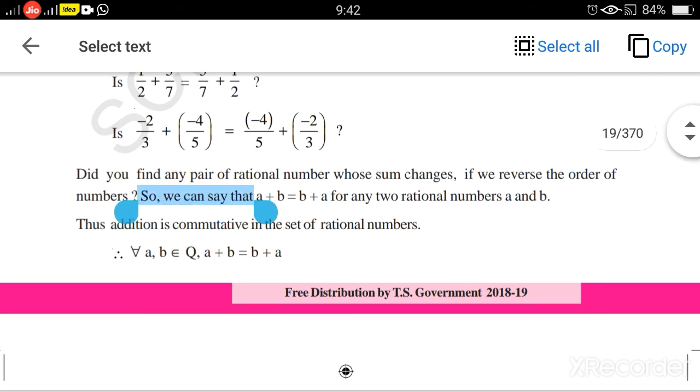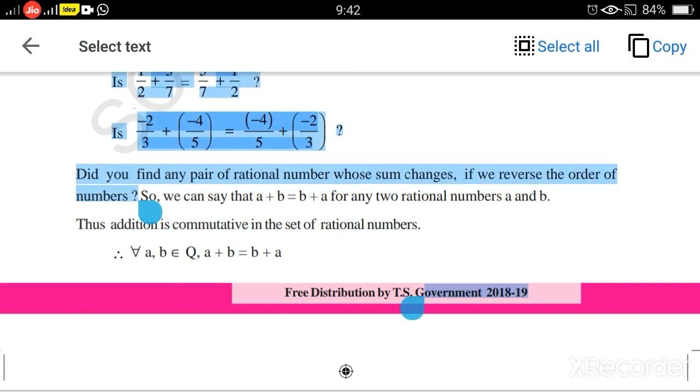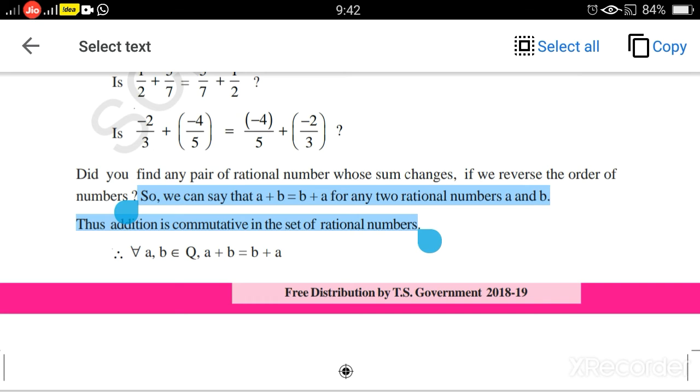We can say that a plus b is equal to b plus a for any two rational numbers a and b. Thus addition is commutative for the set of rational numbers. Therefore, for all a, b belonging to Q, where Q means rational numbers, a plus b is equal to b plus a.